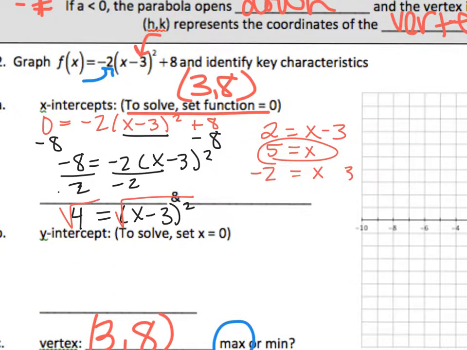Darn it. This should still be x minus 3. I'm sorry. So again, only the number that you square root changes to be a plus and minus, and x minus 3 will stay x minus 3. So this is going to be 1 equal to x. So that means my x-intercepts are at 5, 0, and at 1, 0.